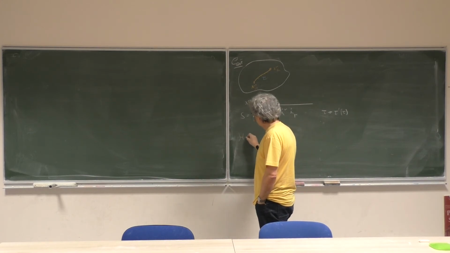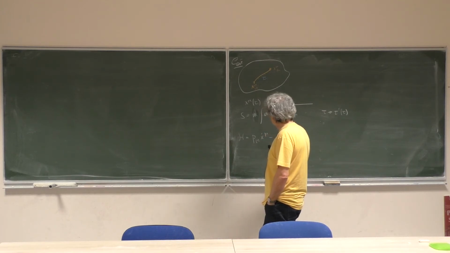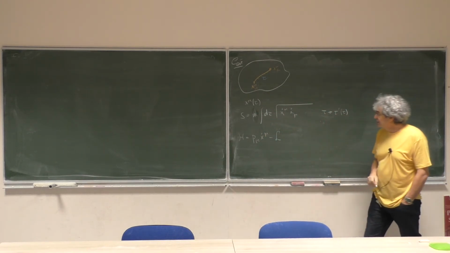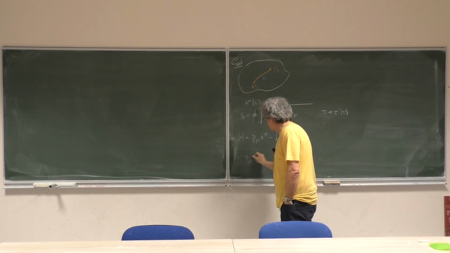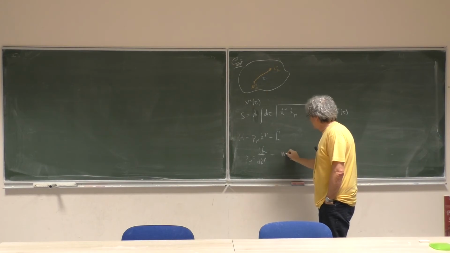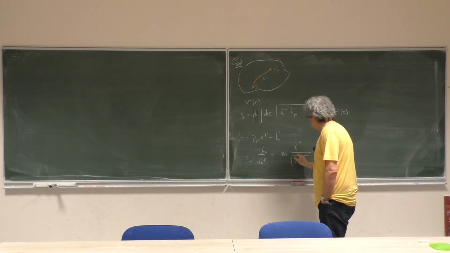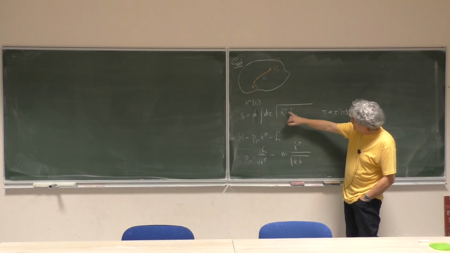The Hamiltonian is p mu x dot mu minus Lagrangian in general, and p mu is the derivative of the Lagrangian with respect to x dot mu, which is immediately computed here as m x dot mu over square root of x dot x dot.